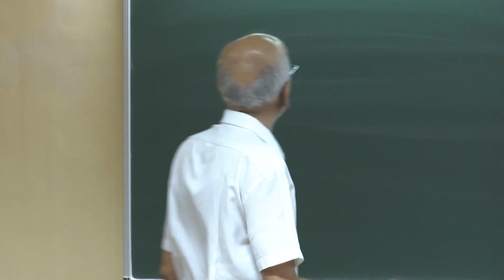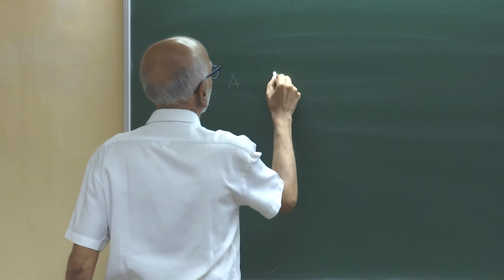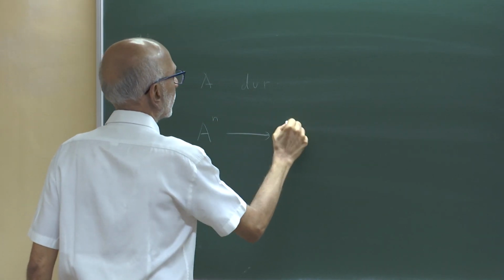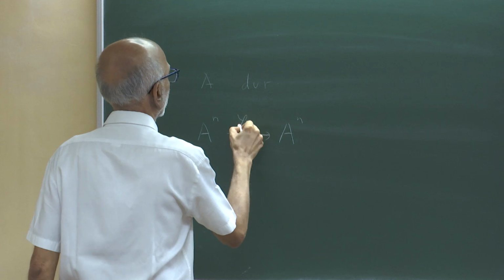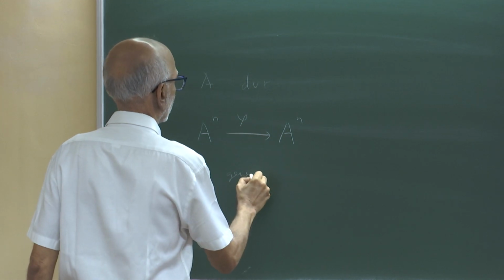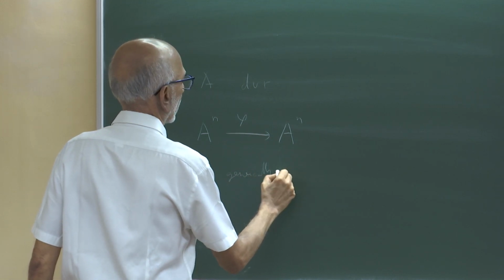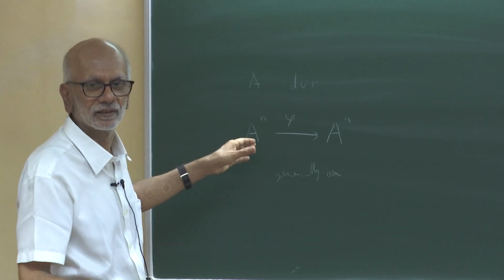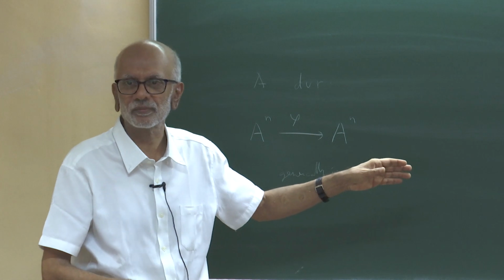So if A is a DVR, and you take A to the power n and you take some map phi. Suppose it is generically an isomorphism, meaning you go to the quotient field, localize at the zero ideal, it's an isomorphism.